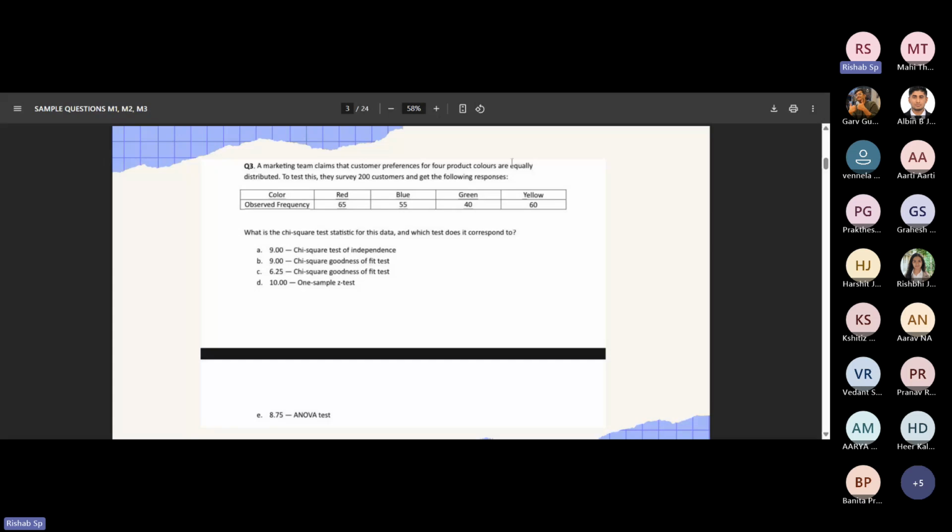Here the marketing team claimed that it is equally distributed, so we have to find whether it is actually equally distributed or not. That's the main purpose of the goodness of fit test. Yes, okay, thank you so much. So here also one problem is actually there, the total mentioned, but we are anyway getting the answer 9 itself.